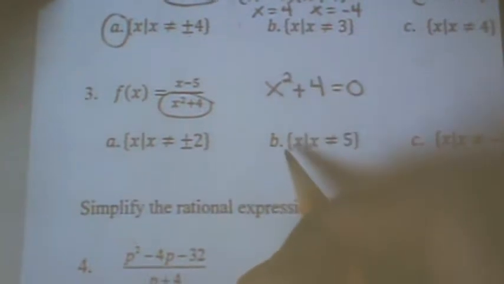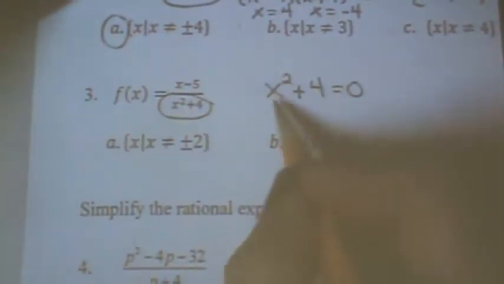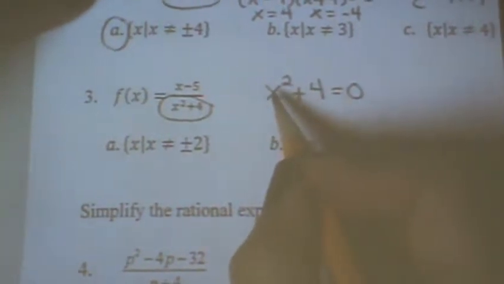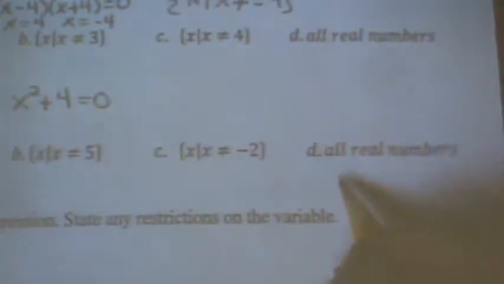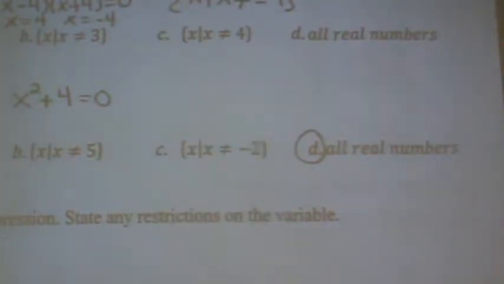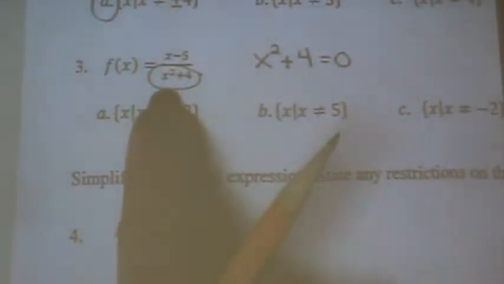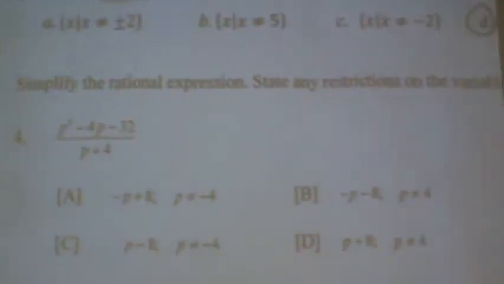So it does not matter what number you square, you'll never get a 0 here, because when you square any number and add 4 to it, you'll never get a 0. So your domain for this one is all real numbers. You're never going to get a 0 in that fraction.